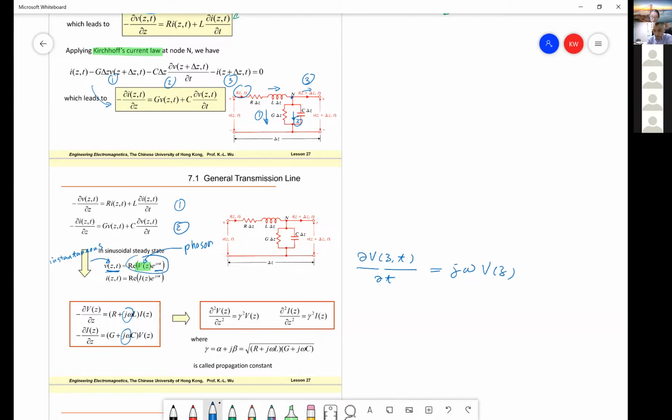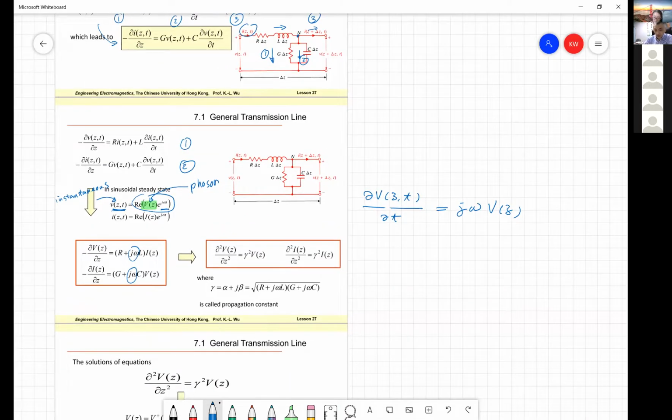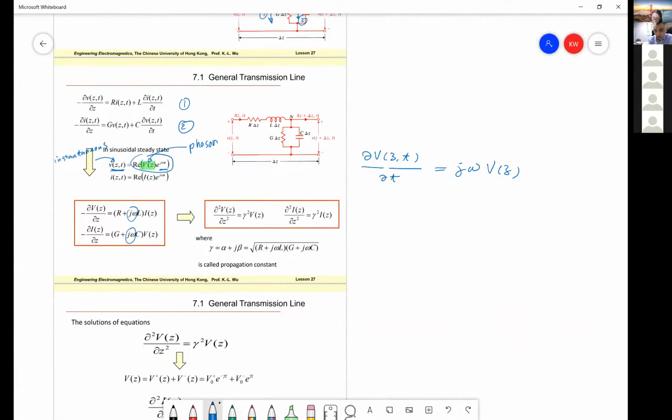Having had this, we take the first equation on both sides, and have another derivative with z.